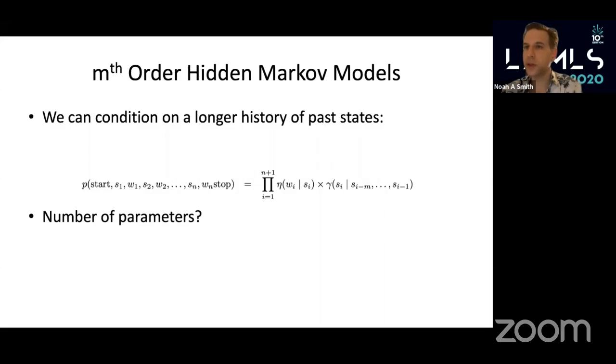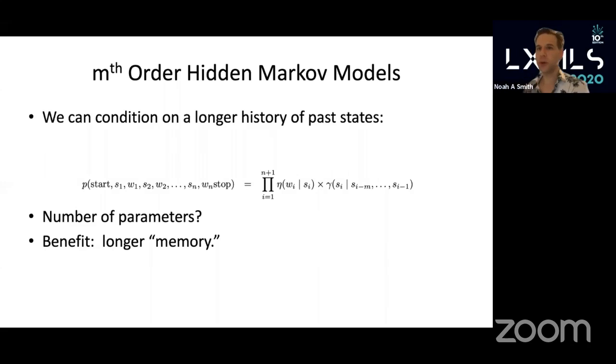Because the state space is usually much, much smaller than our vocabulary, going to higher order HMMs is generally not going to be as expensive as it was for higher order language models, because we have so many fewer states than we have words in most use cases.